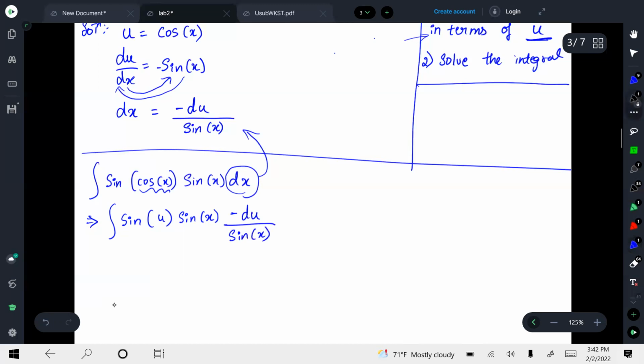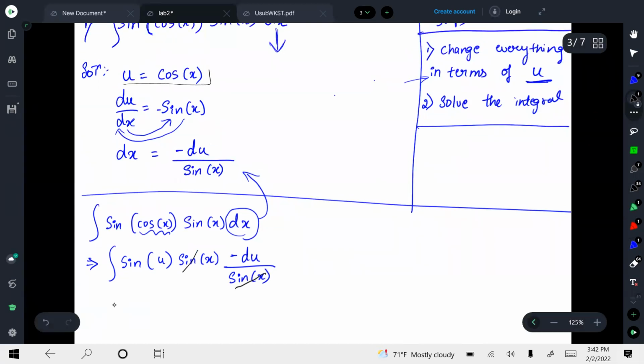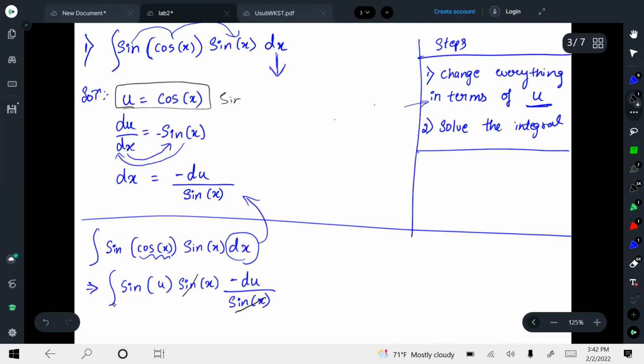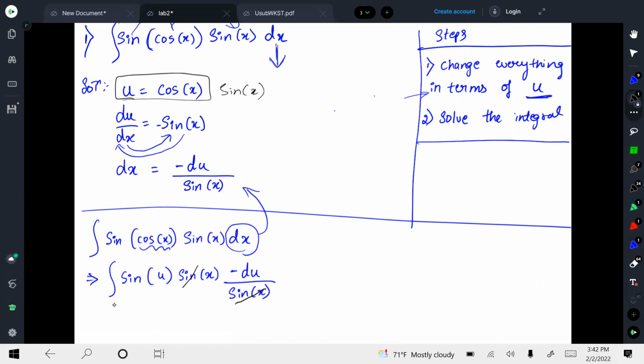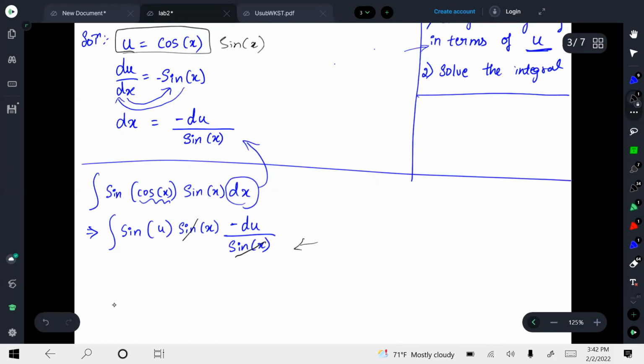Now look here carefully, because you can eliminate sin of x. Cancel. That is the reason I took u as cos of x. You can also take it as sin of x. Remember, choose u in such a way that the other or extra term cancels out, like it is happening here.